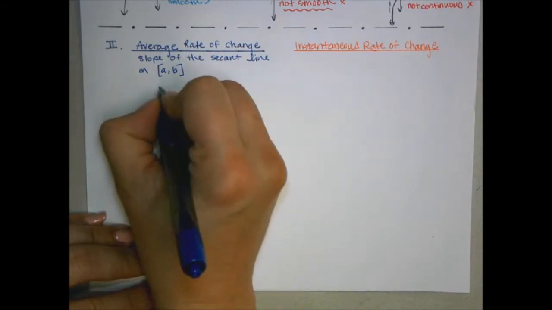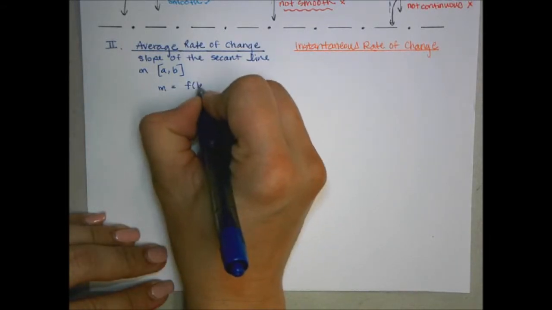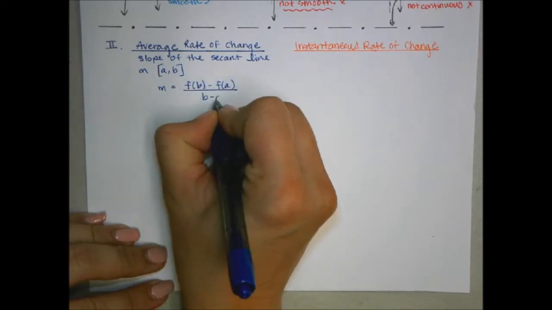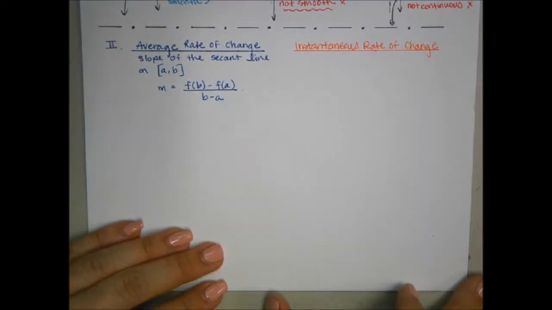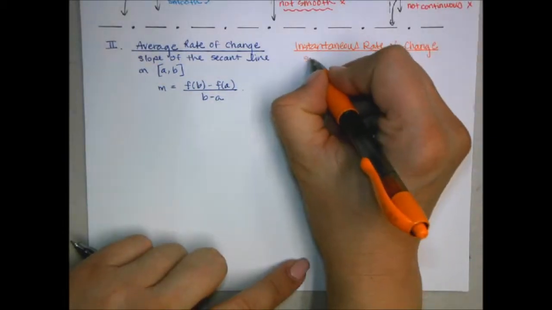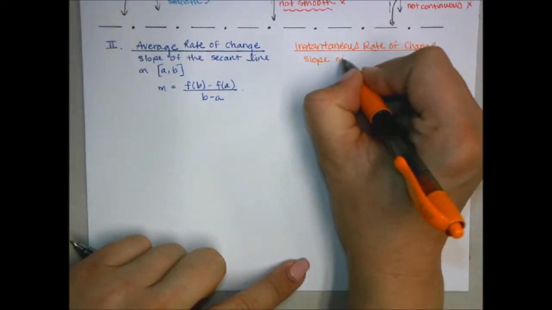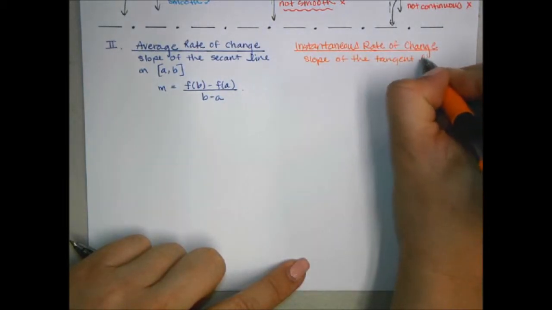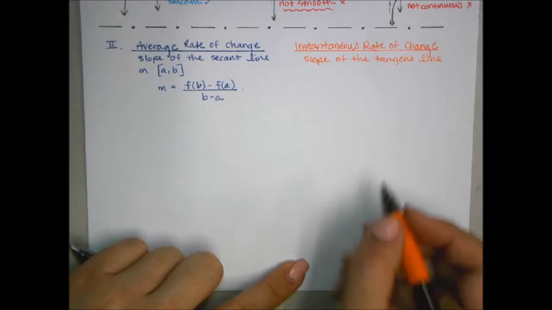And the slope works out to f of b minus f of a over b minus a. While the instantaneous rate of change was the slope of the tangent line, which we know is the derivative.